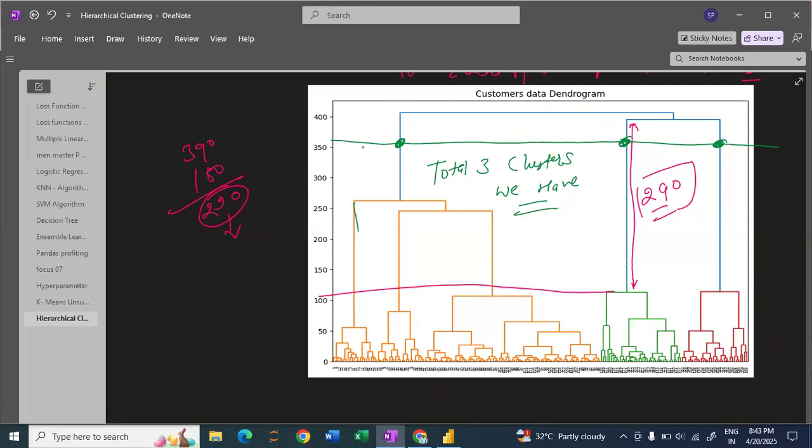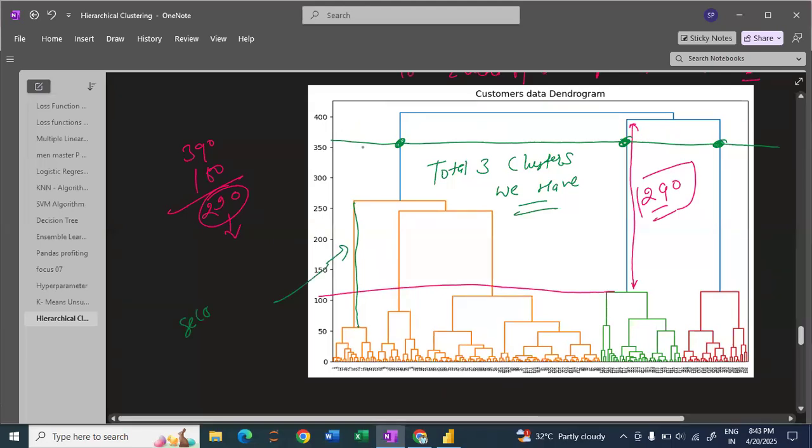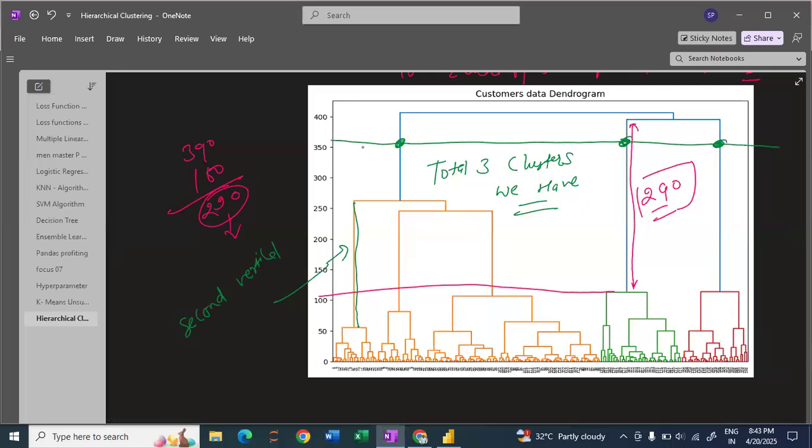This is the second largest vertical line. It started from 50 and it ends at 260. So the total distance is 210, which is the second highest vertical line.